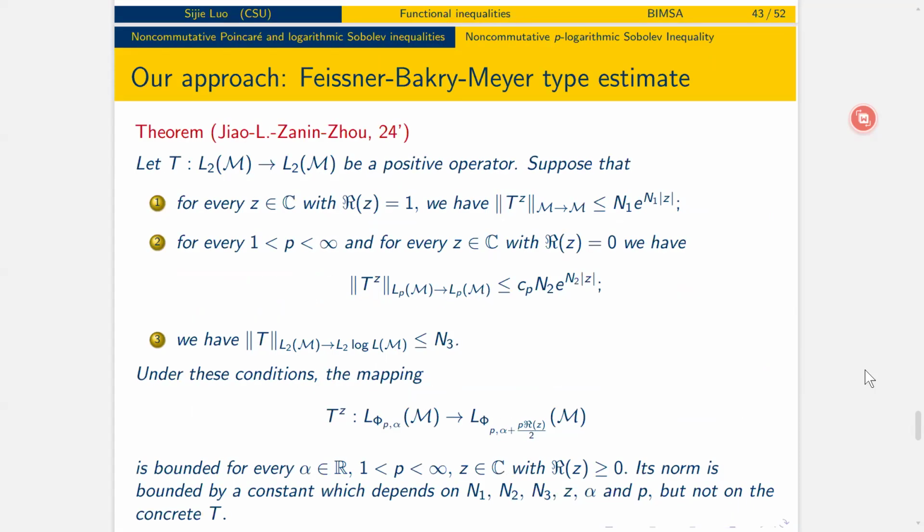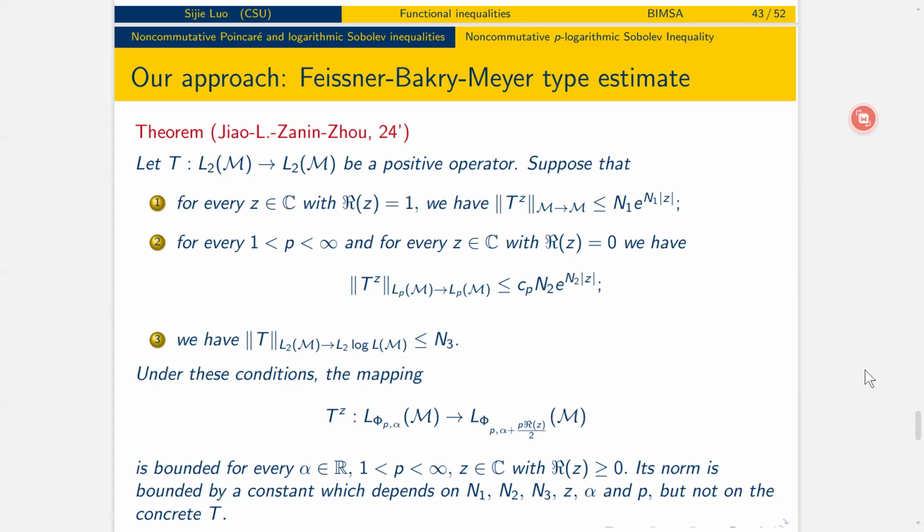And how to prove this? The main tool we use is the same interpolation. Of course, complex interpolation is necessary in our proof, but we first prove the following abstract result. If T is a positive operator and satisfies these three conditions, then we can get the following estimate.